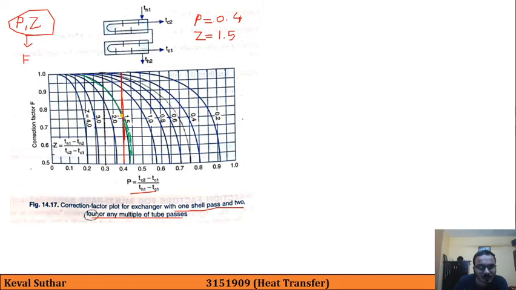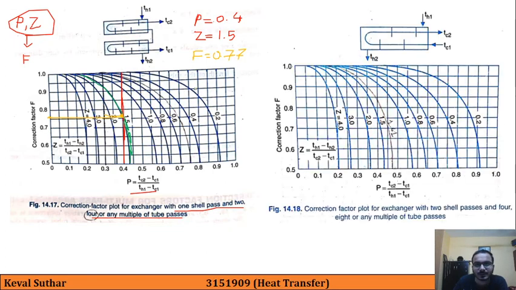So what we will be getting here is our value of correction factor, which will be slightly above the 0.75. So roughly we can say that the correction factor F is equal to 0.77. Very roughly we are writing right now. So in this way you can obtain the correction factor.